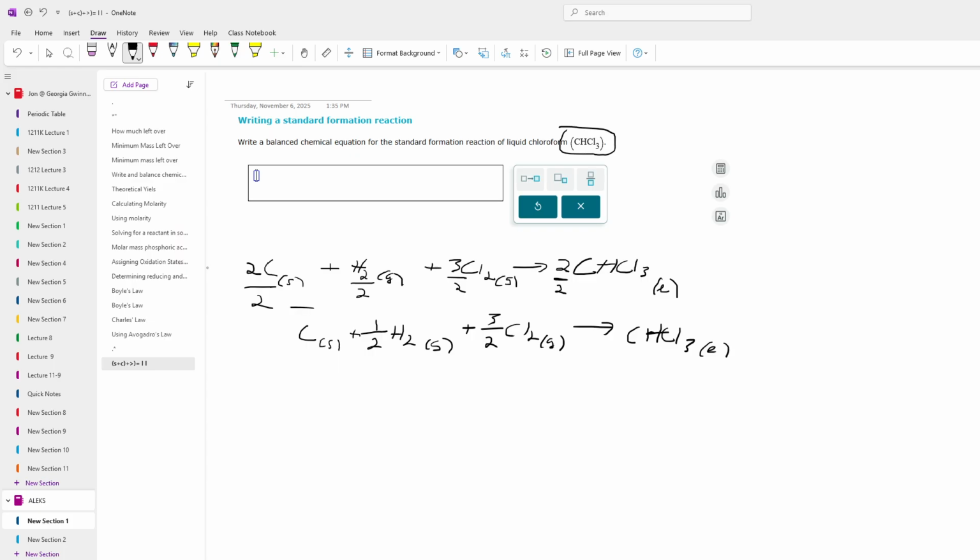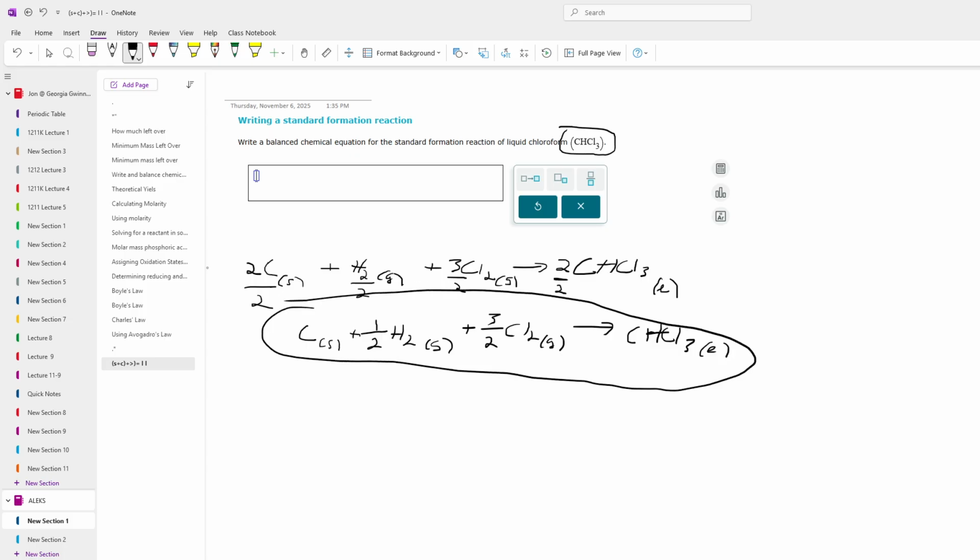Okay, this right here, my friends, is going to be the answer to write a balanced chemical equation for the standard formation reaction of liquid chloroform.